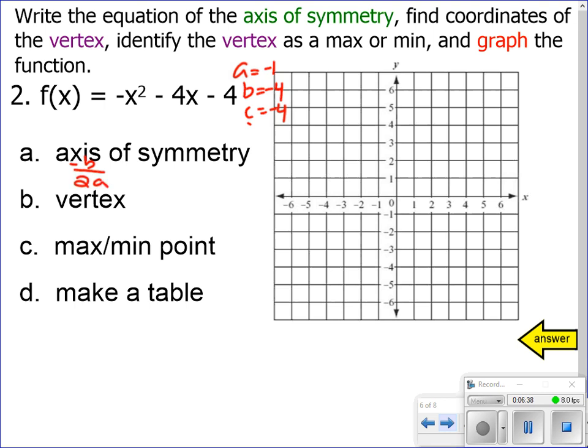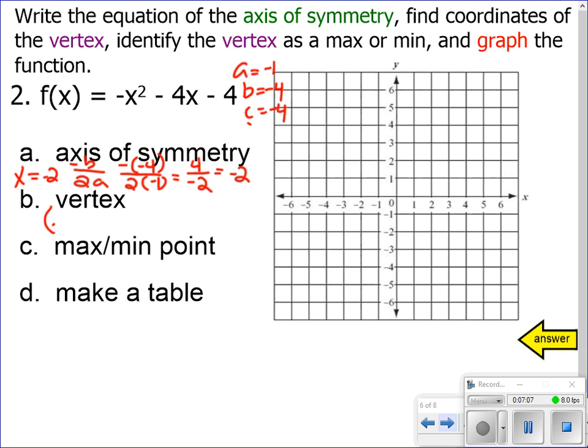Because b is already negative, when I put it in, it's actually going to change it to a positive, because the negative of a negative is a positive. So instead of negative 4, we'll have positive 4 over 2 times negative 1, which is negative 2, which will give me negative 2. So I know that x is equal to negative 2. My axis of symmetry is x equals negative 2.